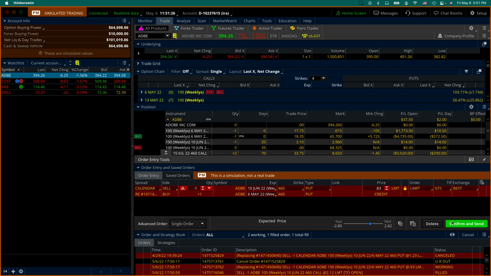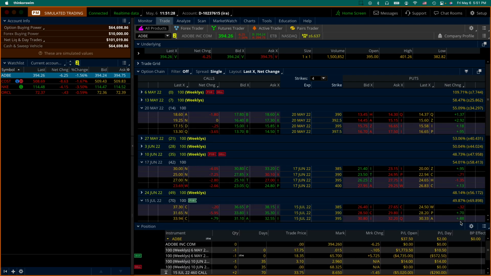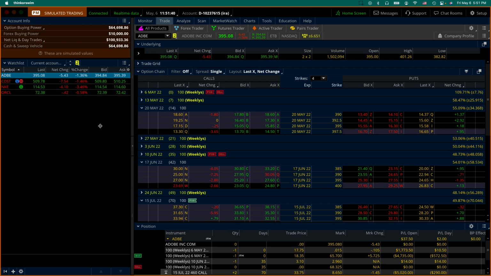I don't expect to get much, but it's a way to close the put that expires today. You can even leave the put there, and if you get filled, you're going to get 100 shares, and we have plenty of buying power, so you can buy the shares.